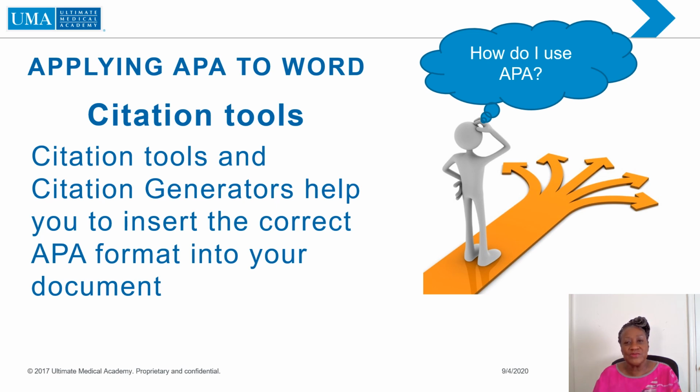How do you use APA formatting? Luckily for us, there are some citation tools. Citation tools and citation generators help you to insert the correct APA format into your document.